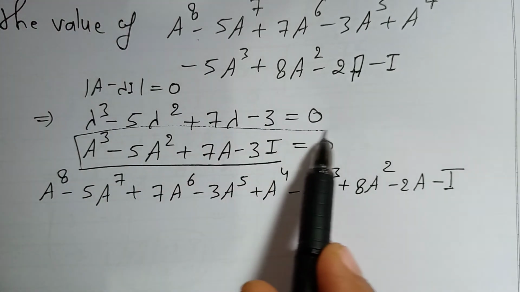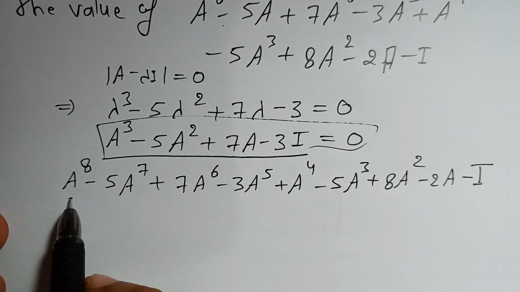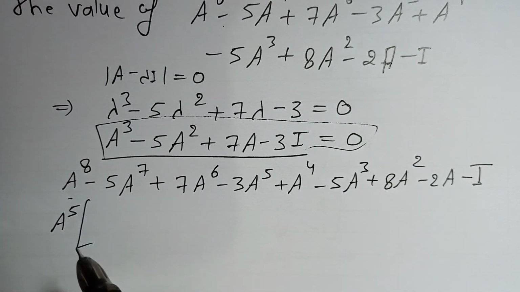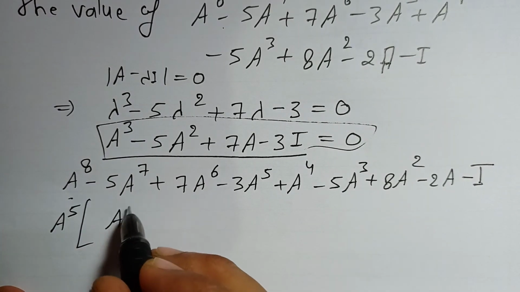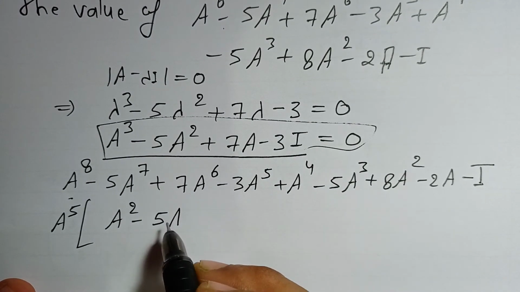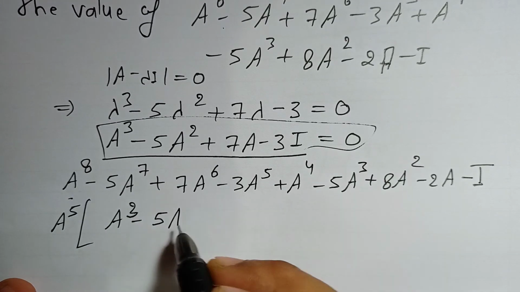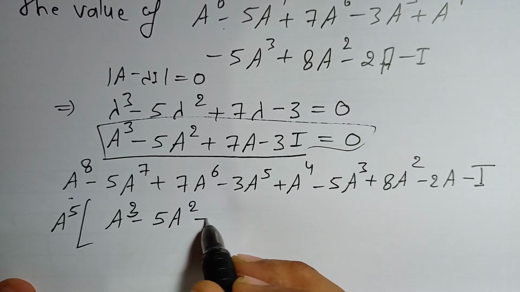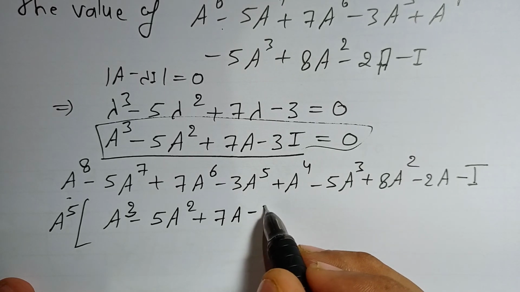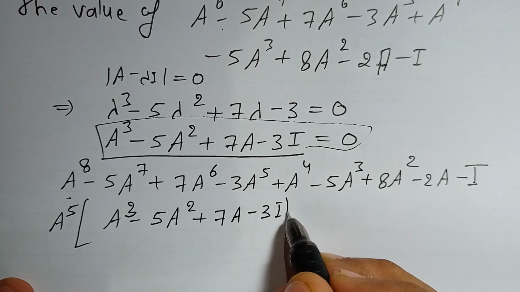So what we do, let us take A power 5 common here. So we get A power 5 times (A cube minus 5A square plus 7A minus 3I), fine.